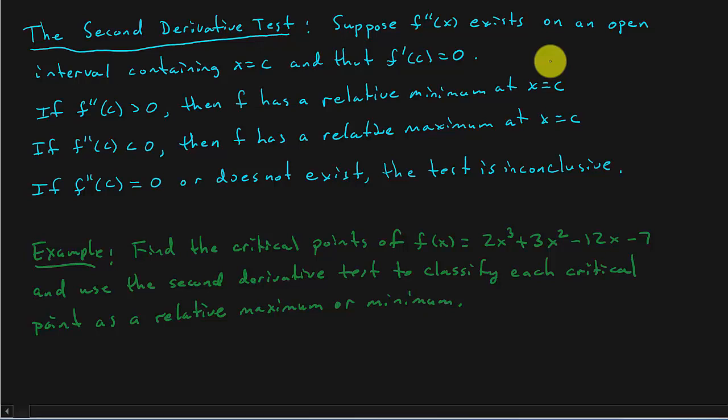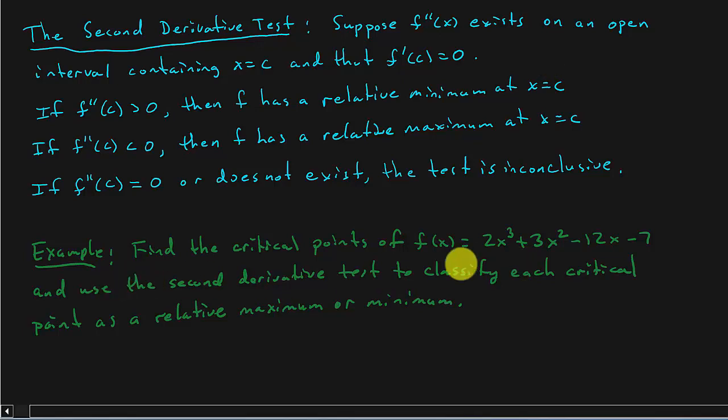And if f double prime of c equals 0 or does not exist, then the test is inconclusive. You could have a relative max or a relative min or neither. You don't know, and that's where you would go back and use the first derivative test. But like I said, I use the first derivative test anyway, and that's what we did in the previous video.